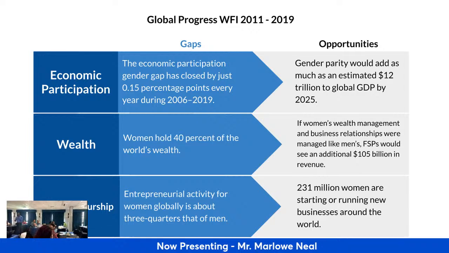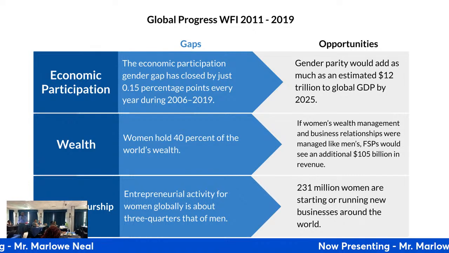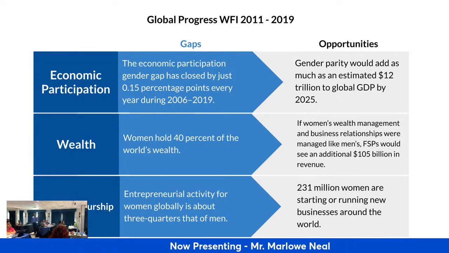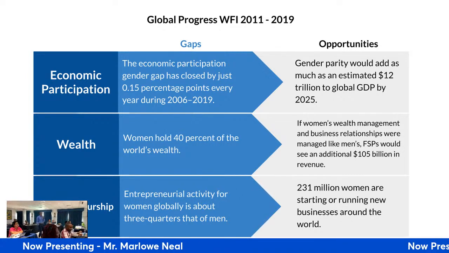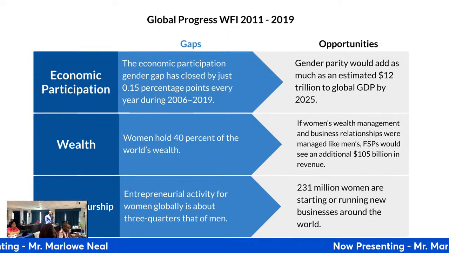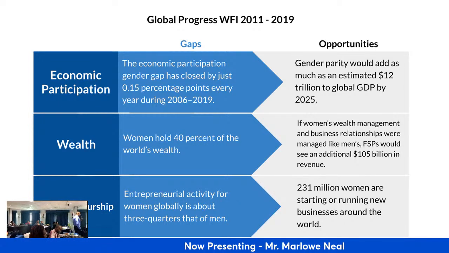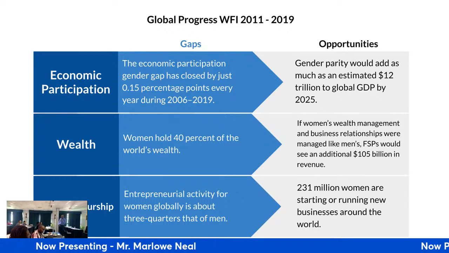According to this report, women hold 40% of the world's wealth. With gender parity, with that equality, if women's wealth management and business relationships were managed like men's, financial service providers would see an additional $105 billion in revenue. So obviously there's a business case there.